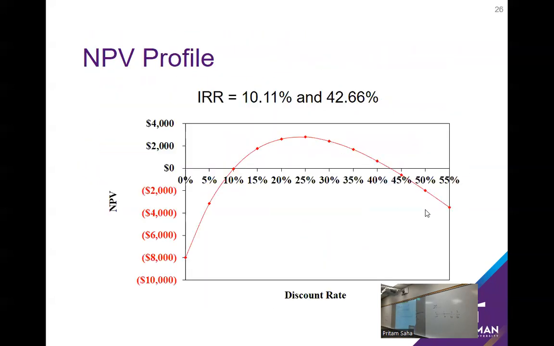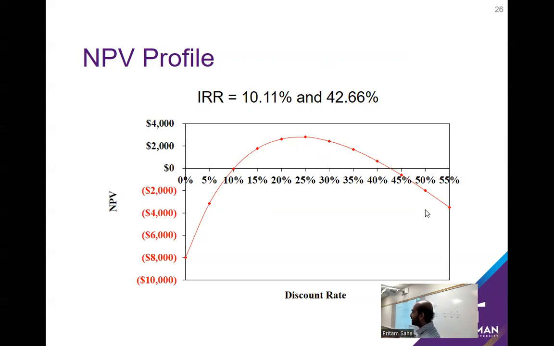If we go back to this problem, our required rate of return was 15%, right? But the IRR could be 10% or 42%, right? So IRR expects all of these cash flows to be reinvested at another rate, which is way far from the market rate. Is it a good assumption?